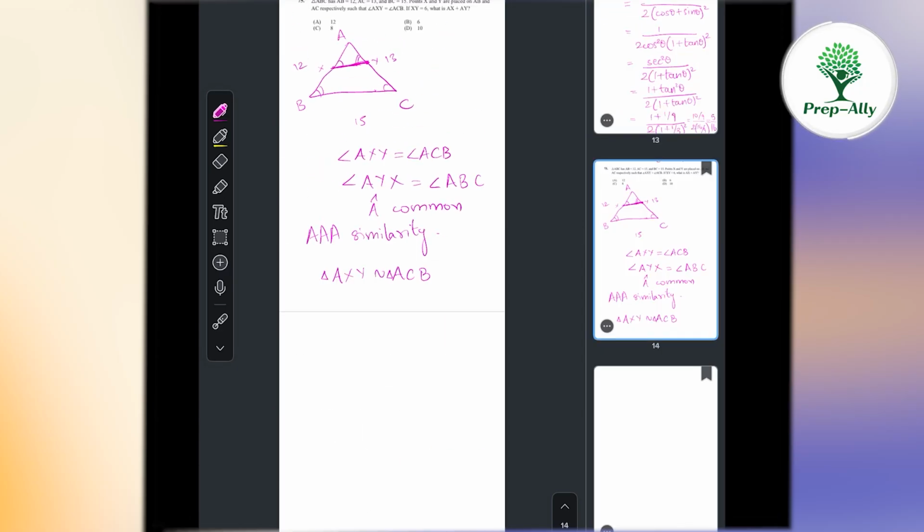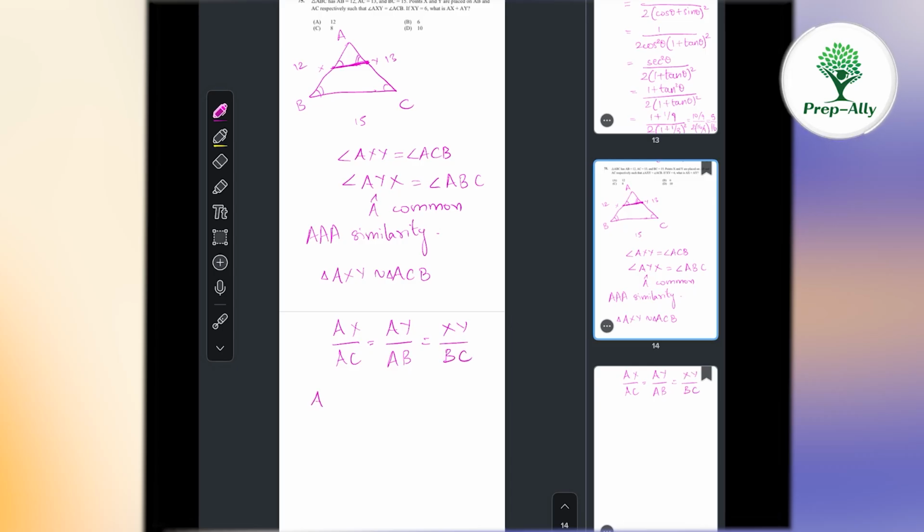And because they're similar, we have AX by AC equals AY by AB equals XY by BC.